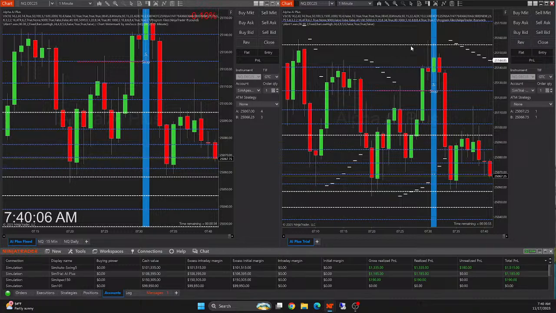Keep moving, man. Keep in mind the swing 5 will stop trading at 11:45 Eastern.